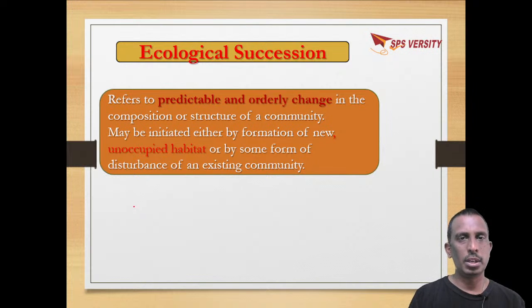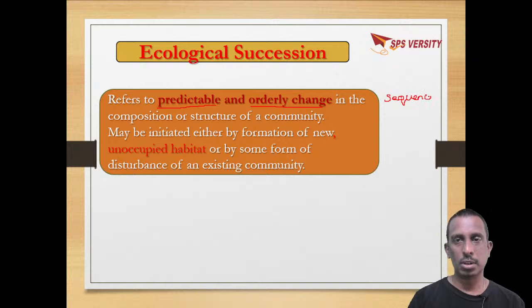So when you come to ecological succession, what is meant by ecological succession? Ecological succession is a predictable and orderly change. Orderly means a sequential change.